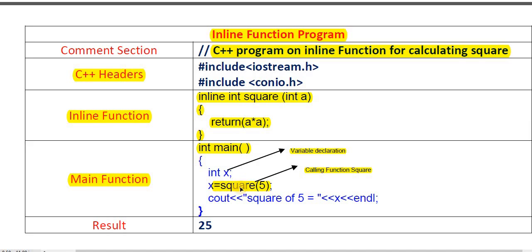Here we are calling the square function with the actual value 5. This 5 value will be copied into the parameter a. Now a into a is calculated and the result is returned, so the x value will be 25. Then cout prints square of 5 is equal to the x value, which is 25. In this way it will work.